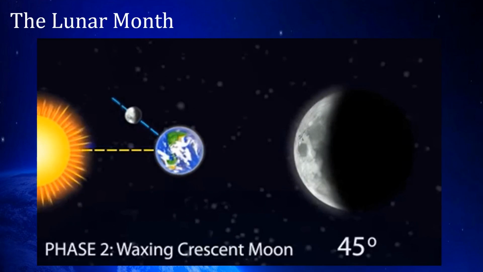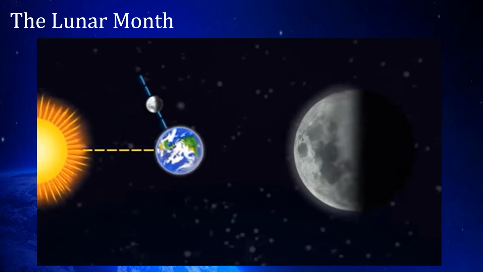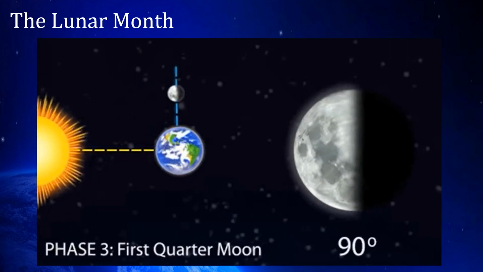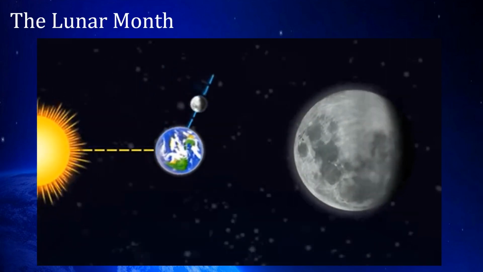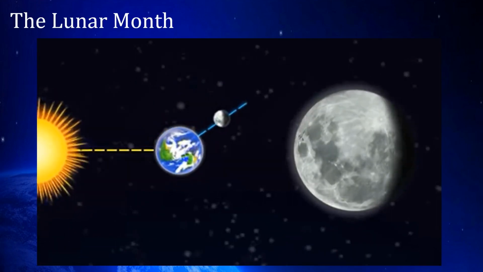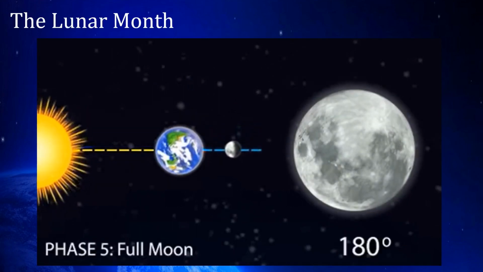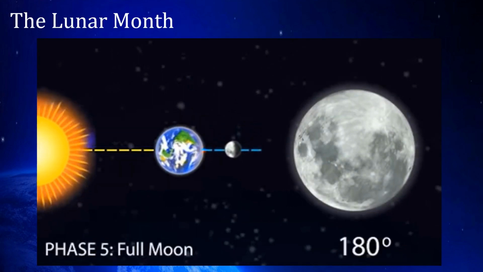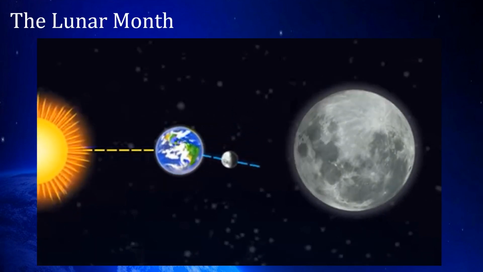Phase 2 is called the waxing crescent moon. Phase 3 is called the first quarter moon. Phase 4 is called the waxing gibbous moon. Phase 5 is the full moon, where the illuminated half of the moon is visible to us.